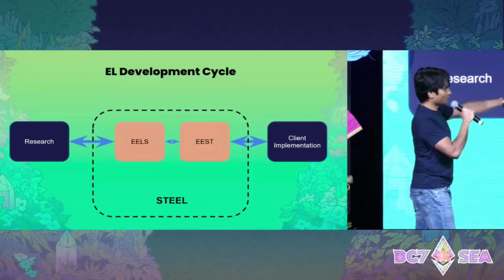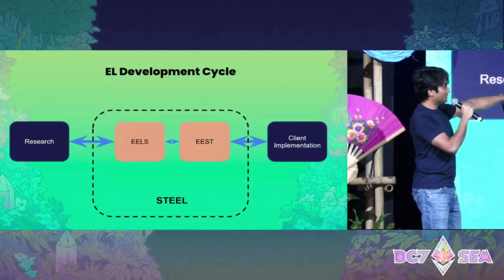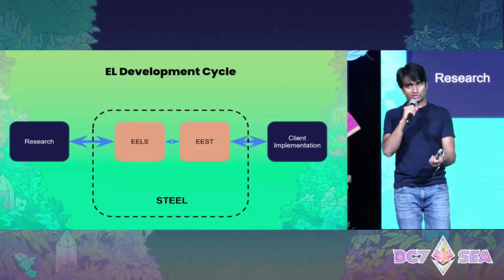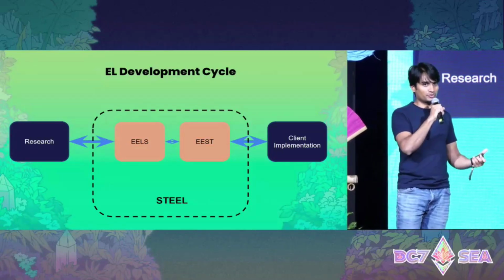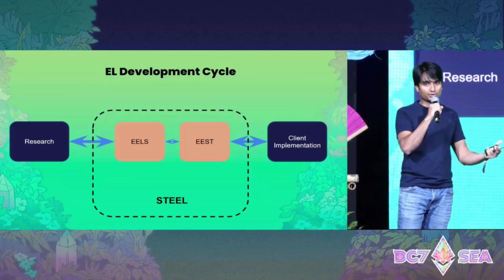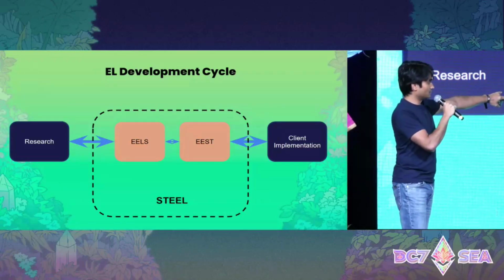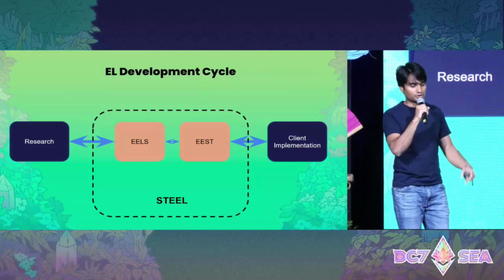So what we are looking to move to is something like this, where the researchers come and implement their EIPs in EELS, which should be extremely easy because, like I said earlier, we have optimized for readability and for writing new code and updating. So this should be very easy, even if the EIP author is unfamiliar with the client code.